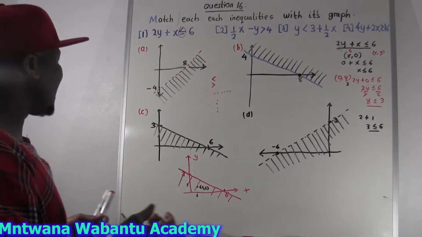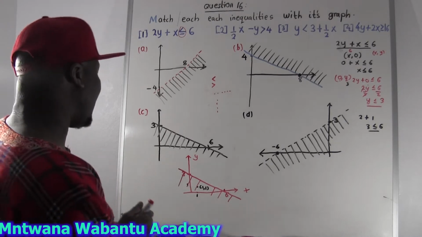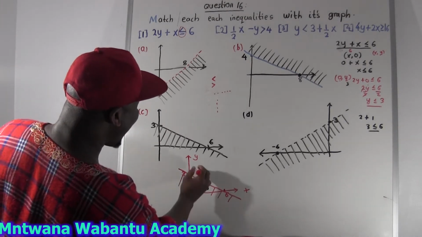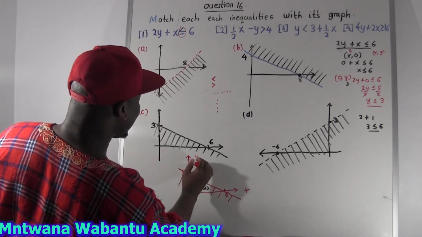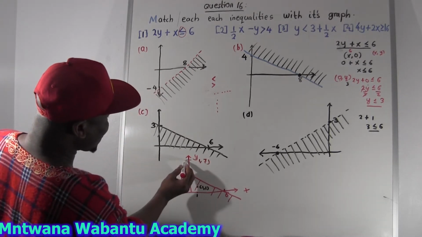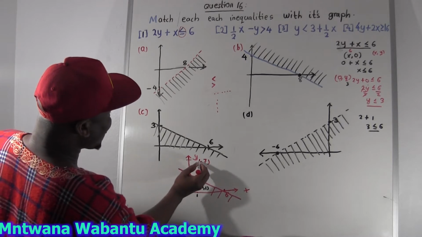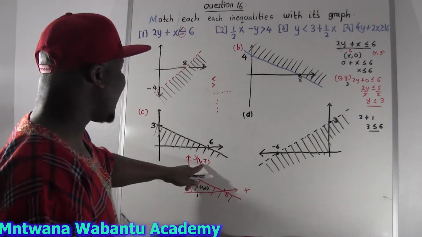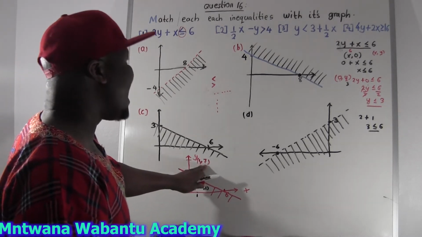For example, if I was going to take a point here, I would know. Say I take the point (1, 7). We know (1, 7) is by any means going to be above, because this is 1, and 7 is going to be somewhere here: 3, 4, 5, 6, 7. So let's take this coordinate and plug it in.